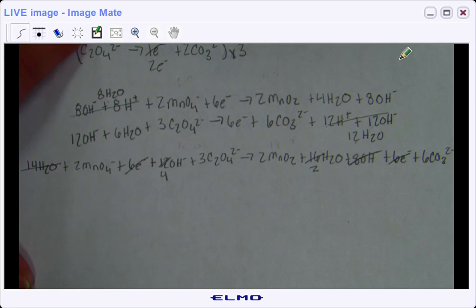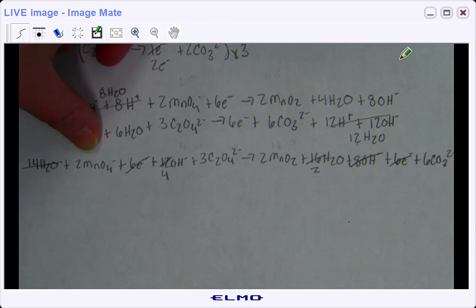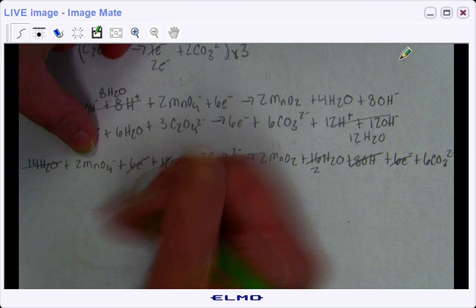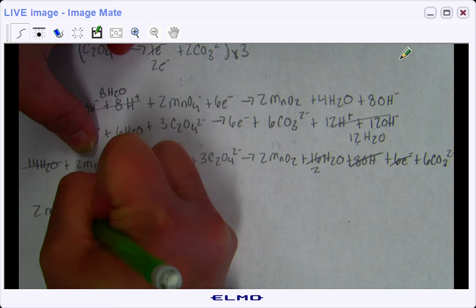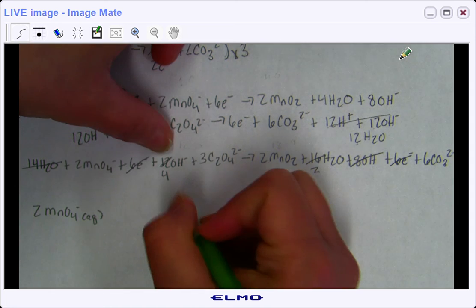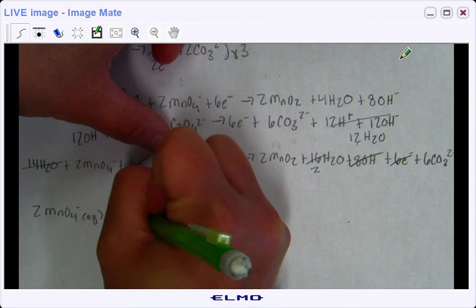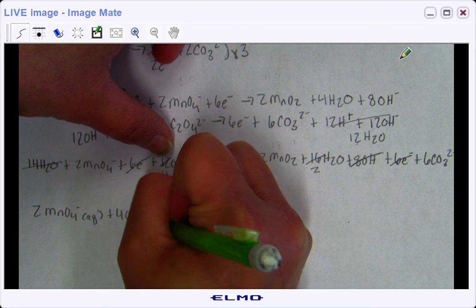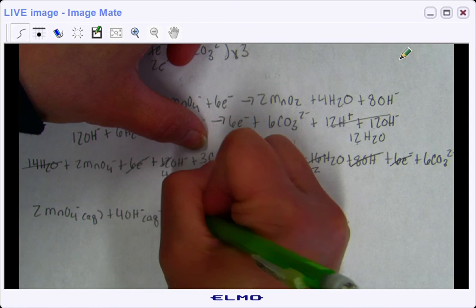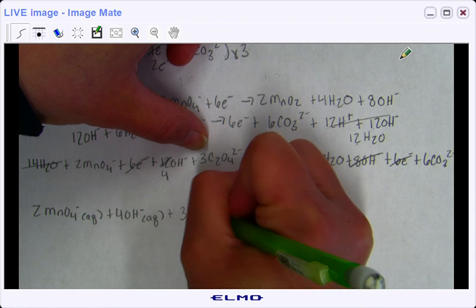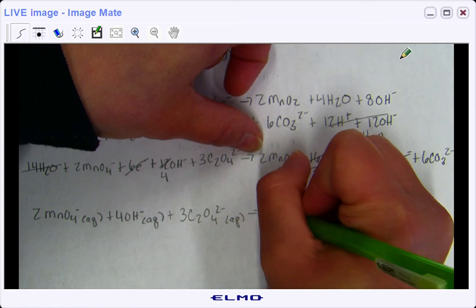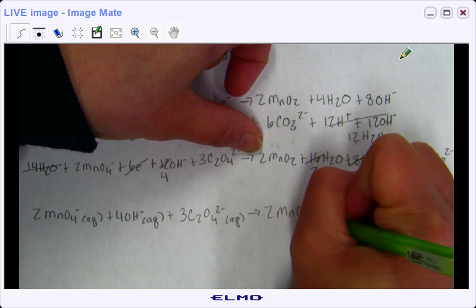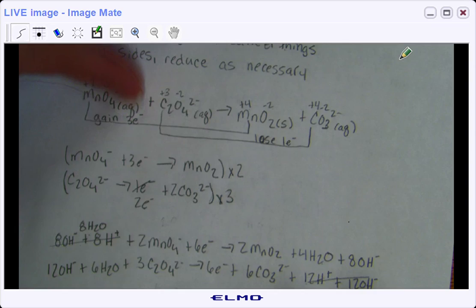So now I'm going to simply rewrite everything, making sure to include my states of matter. I have 2 permanganate ions, which are aqueous. I have 4 hydroxide ions, which are aqueous. I have 3 oxalate ions, which are aqueous. I have 2 MnO2, which in the problem, it told me it was a solid.